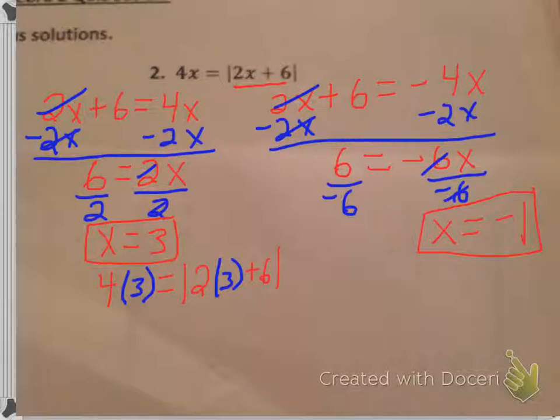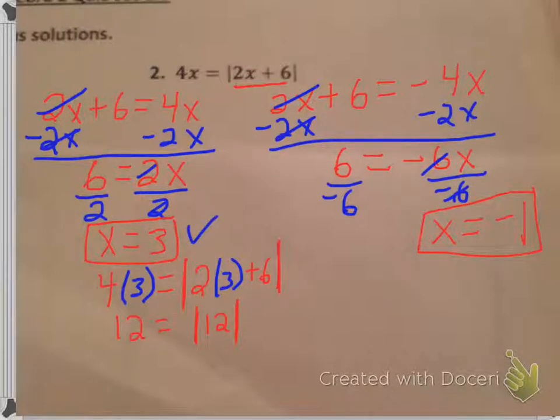So we'll work this out. 4 times 3 is 12. That equals 2 times 3 is 6, and 6 plus 6 is 12. So that's the absolute value of 12, and the absolute value of 12 is 12. So that one does work out. So x equals 3 is a good solution.